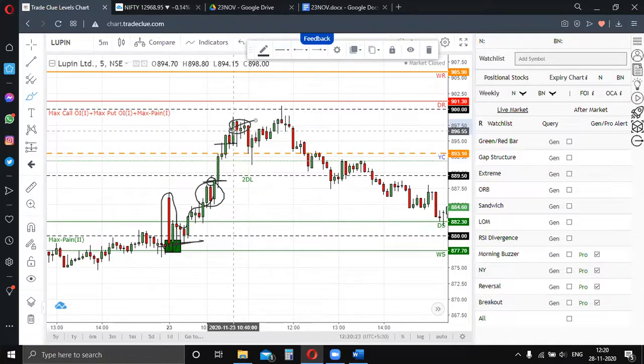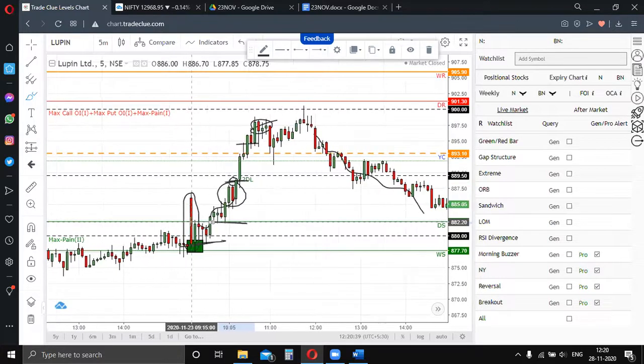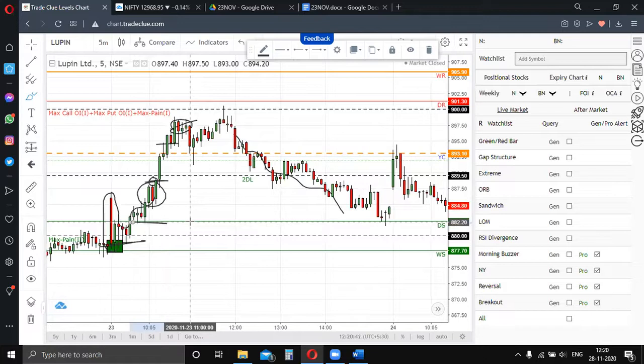If you're not booking your profits at some point, chances are very good that if the price starts melting in the second half, it will take away all your profits. More than that, if you are stubborn and not moving your stop loss as well, then chances are very good that you may lose some capital as well.